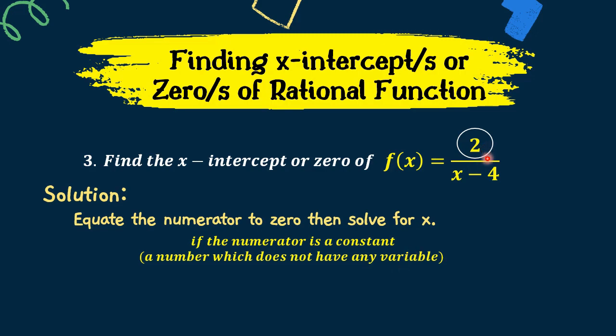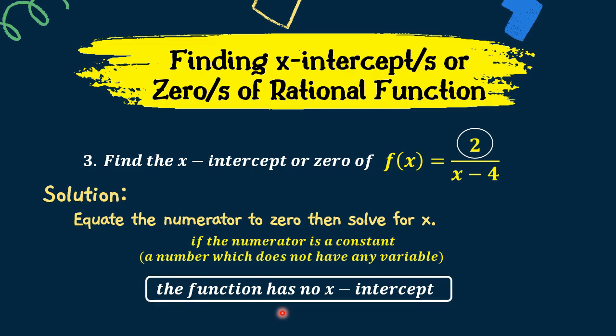From our given example, 2 doesn't come with any variable. It doesn't have x, y, or z. So it is only a number. Take note that if the numerator is a constant, the function doesn't have an x-intercept. Therefore, for this given function, it doesn't have an x-intercept.